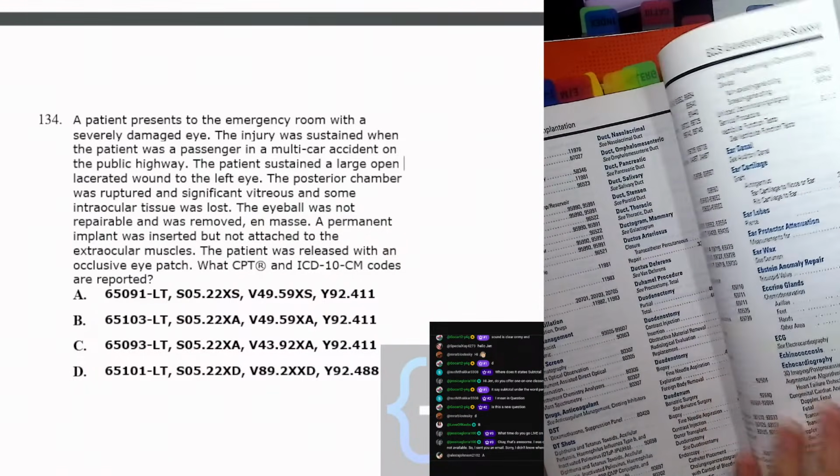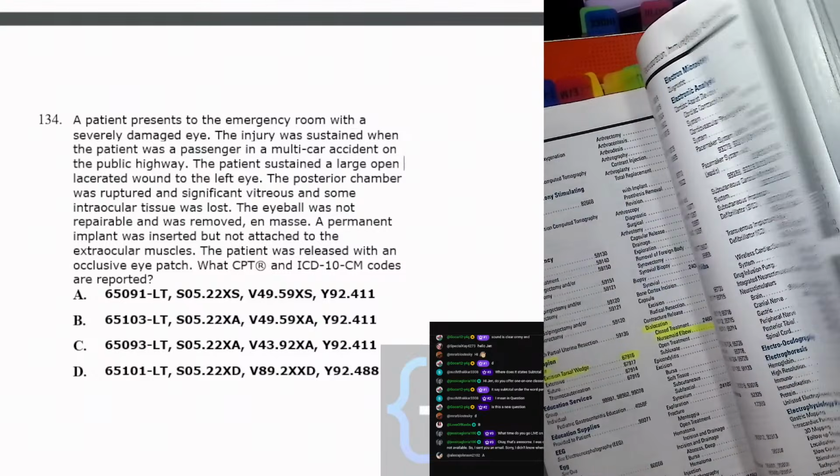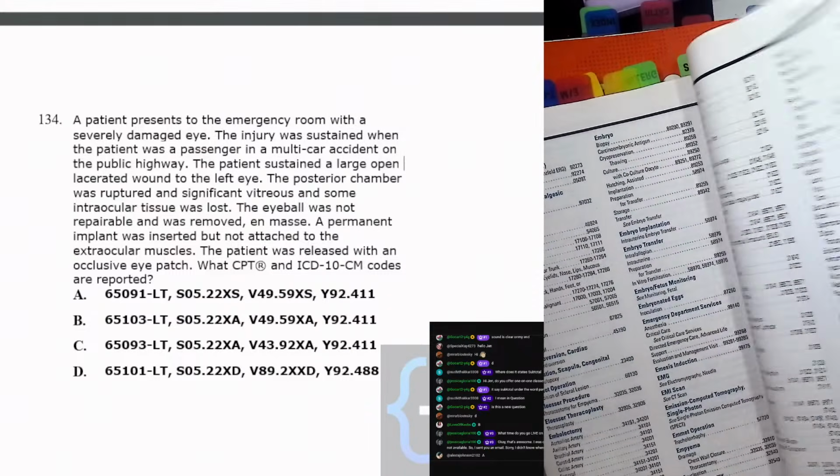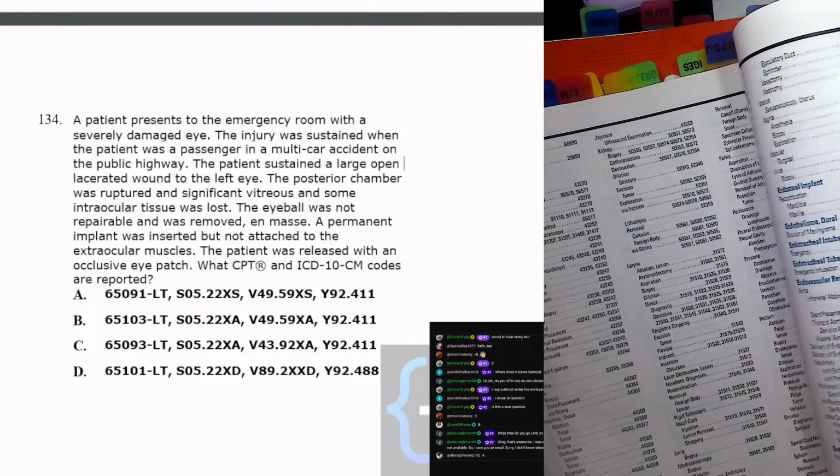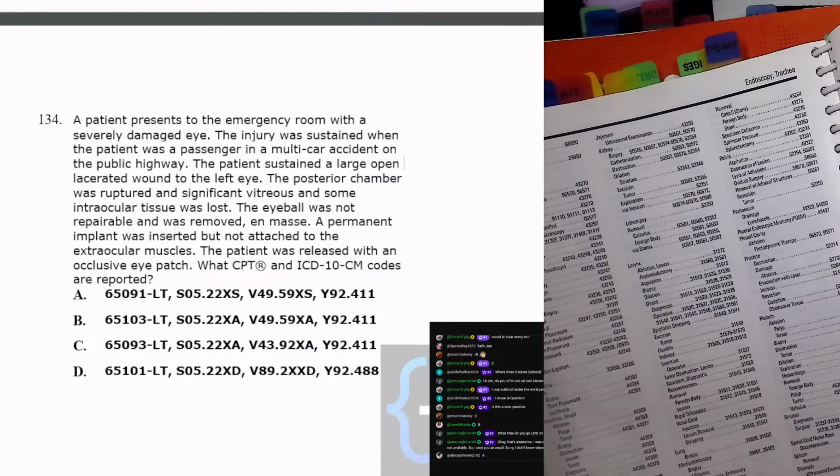We learned this a little bit yesterday. We had 3 vocabulary words: enucleation, evisceration, and exenteration. There was something with an EX.